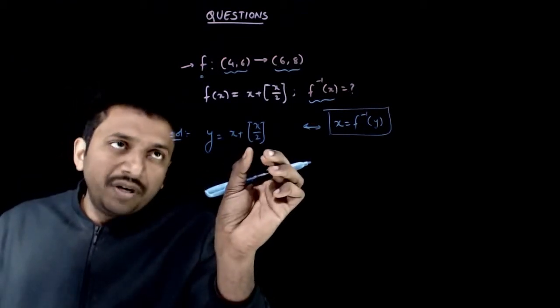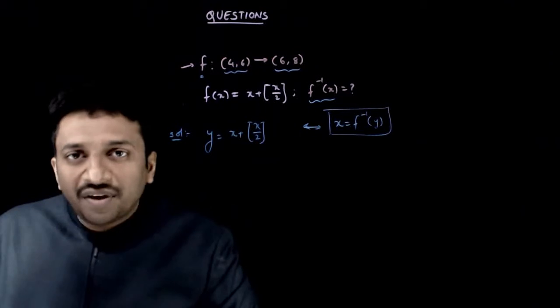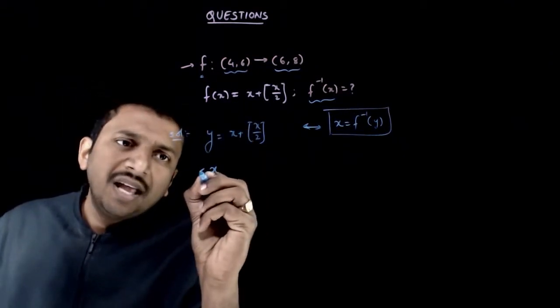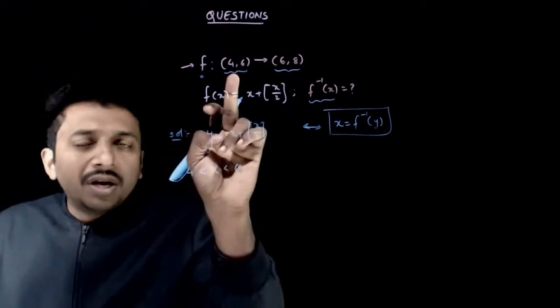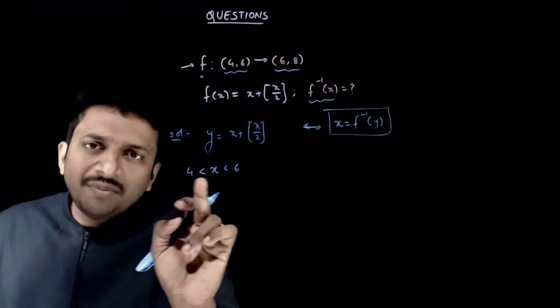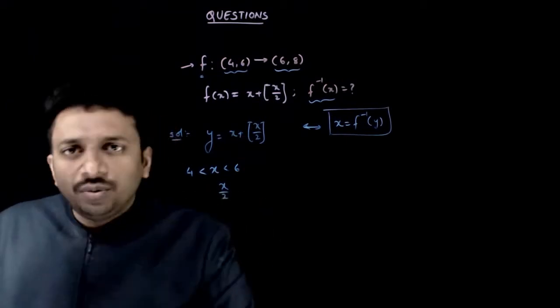So first, based on the domain, I'll try to see what this integer part of x by 2 is. According to the question, x is in between 4 and 6, right? Because x is a point in the domain of the function. So what does x by 2 do?